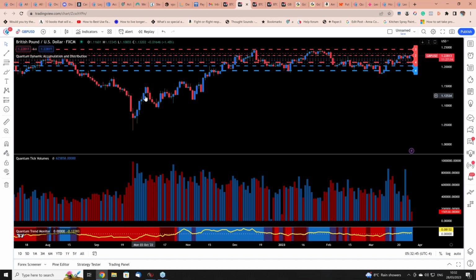Now, at this point, you might say, well, the trend's already changed. It has. But what the trend monitor is doing is actually considering that first before signaling a transitional change here. Then it goes into darker red. It does transition back to bright red at that point, but it comes back again into dark blue very quickly thereafter. And then it starts to transition into bright blue, basically saying we are now at a point where the trend has truly changed significantly.